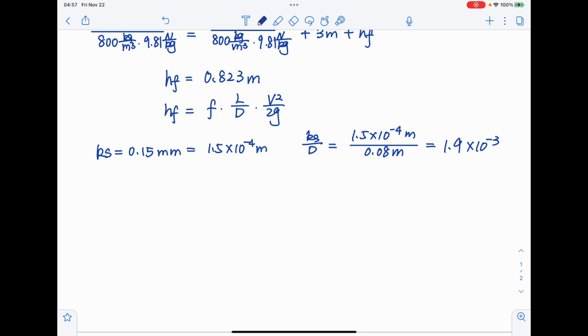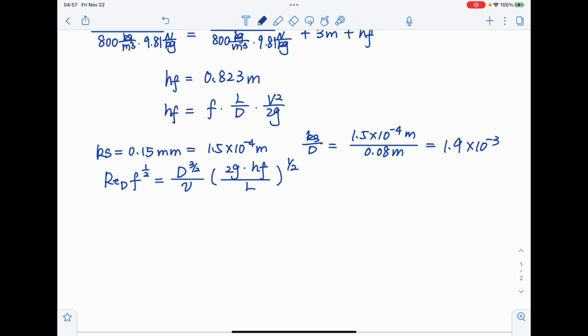The next parameter we're going to find is D times f to the power of 1/2, which equals D to the power of 1.5 divided by the viscosity, times 2g times the head loss over L, all to the power of 1/2.